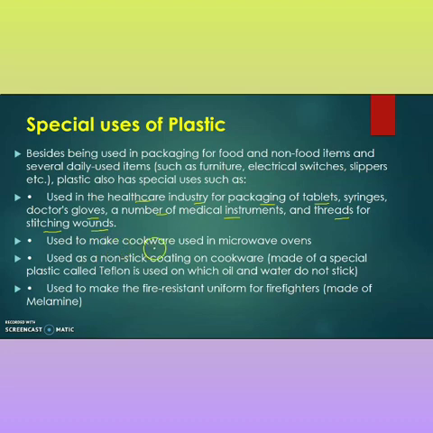It is used to make cookware used in microwave ovens. A special plastic called Teflon is used in non-stick coating and cookware, on which oil and water do not stick. Fire-resistant uniforms for firefighters are made of melamine. So these are the special uses of plastic, and all of these uses are very important.